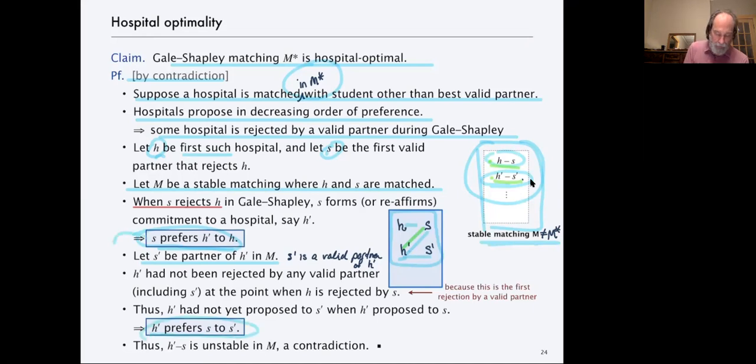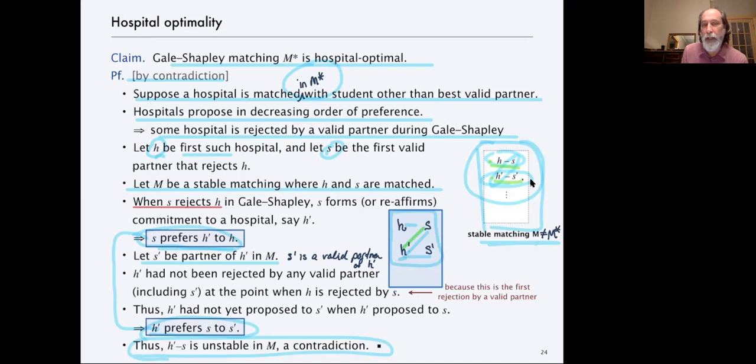Put those two facts together, and we have that the pair H prime S is unstable in M. That's a contradiction because M is assumed to be a stable matching. So it can't be that any hospital is matched with a student other than their best valid partner.